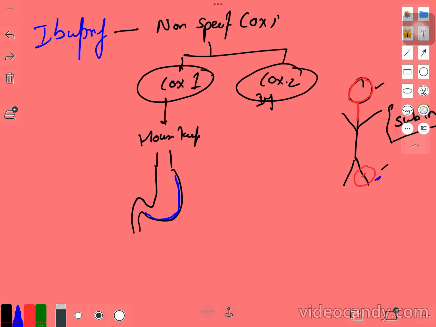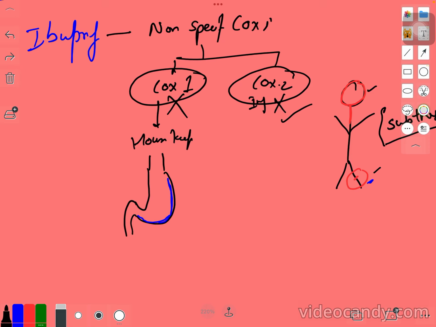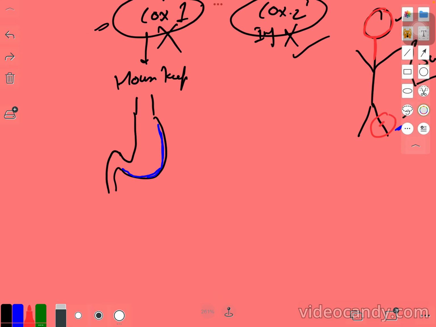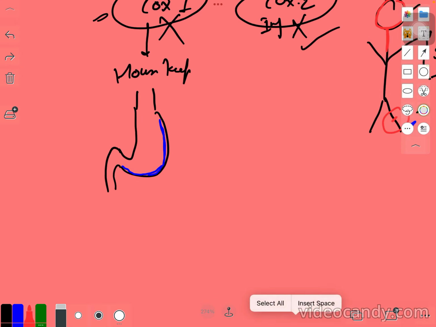So whenever we shut down COX-2, that's good for us in conditions of infection or inflammation. However, giving ibuprofen alone will inhibit COX-1 as well. So overall, this gastric mucosa lining will shut off and bleeding will start to occur, right?